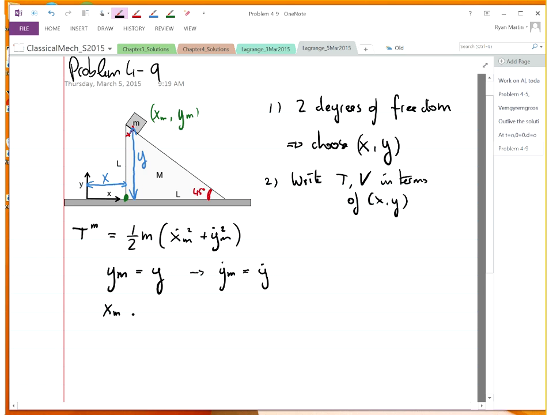The X position of the little block, I need it in terms of the blue X and Y. Because this is a 45-degree angle on the wedge, this distance Y is the same distance as this distance here, which I'll call D. Because the angle is 45 degrees, Y equals D.